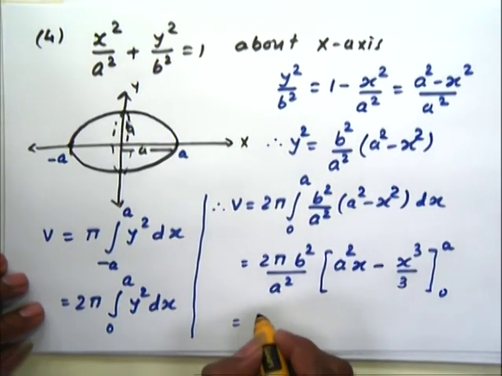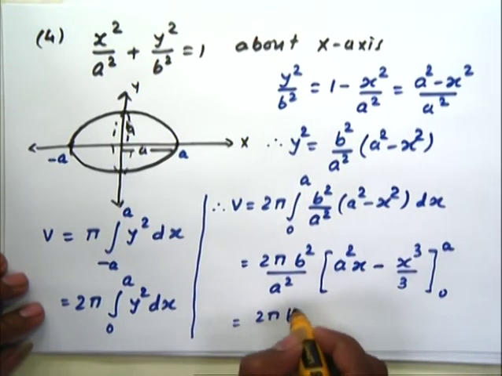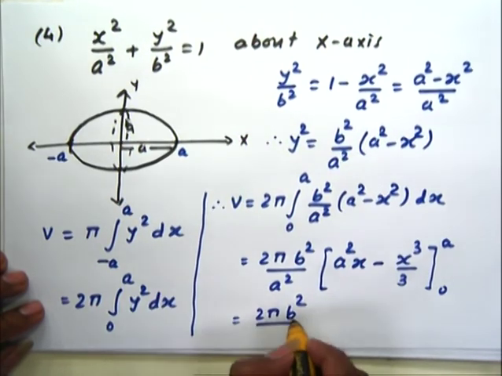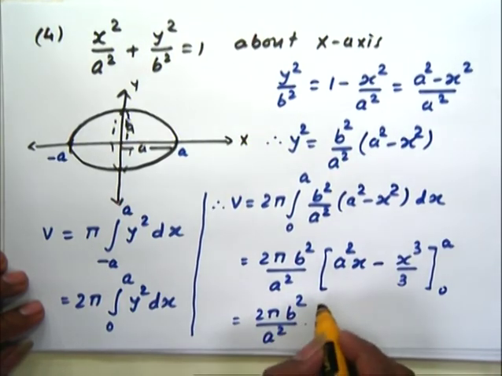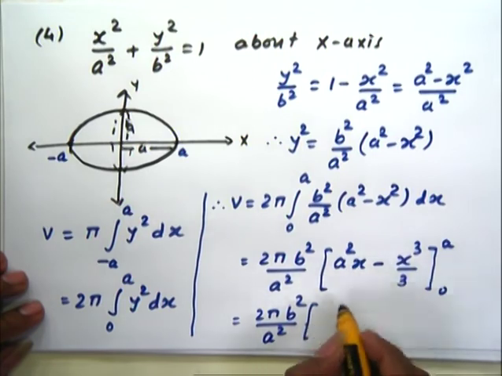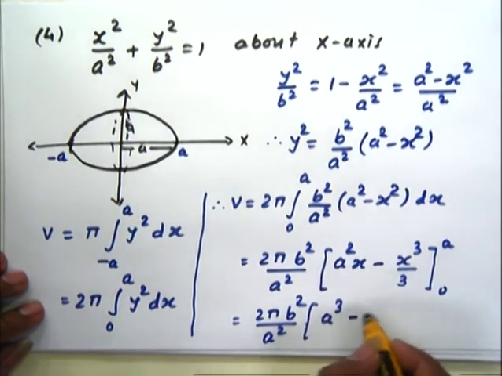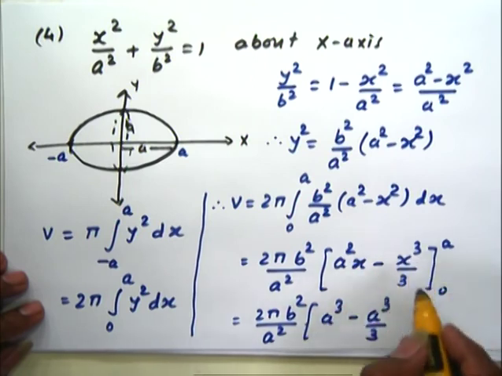This is equal to 2 pi b square upon a square. Now substitute a here, so you will get a cube minus a cube by 3, and if you put 0 here, then the remaining part will be 0.